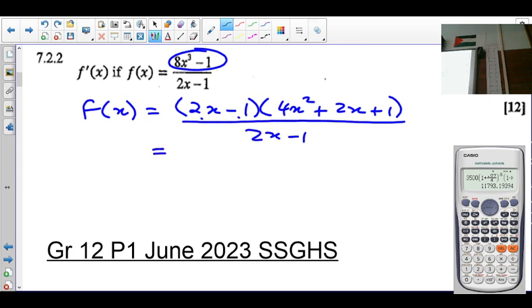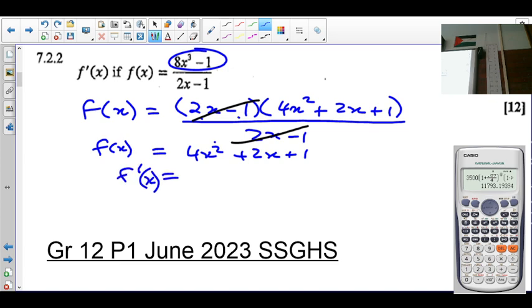And of course this cancels, which gives me f of x to be 4x squared plus 2x plus 1. We can apply my derivative now. So f prime x, of course, 2 times 4 is 8x plus 2.